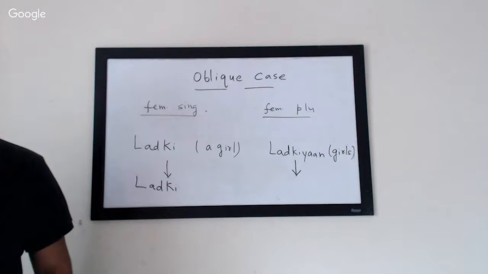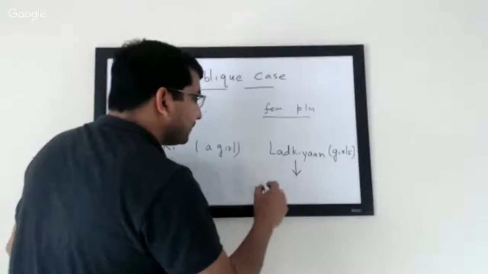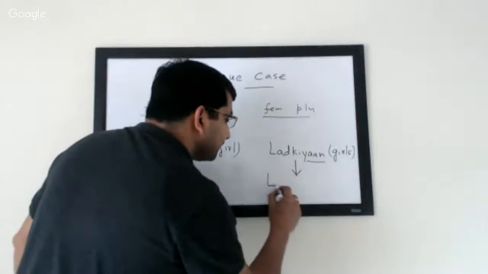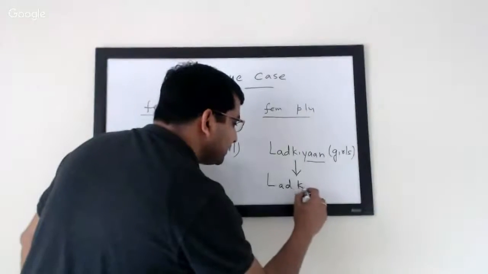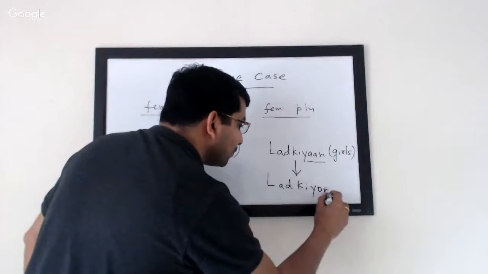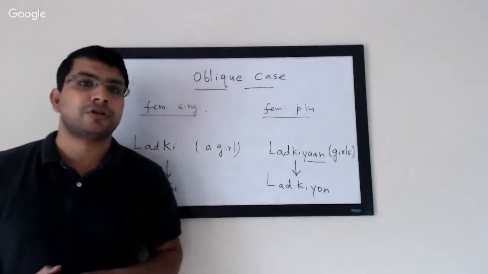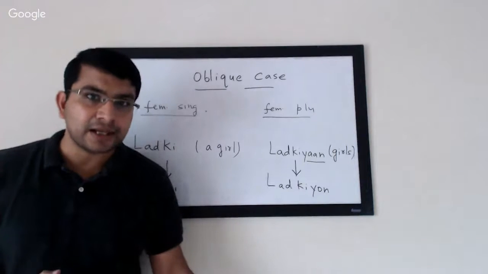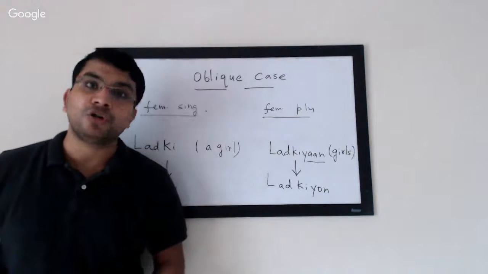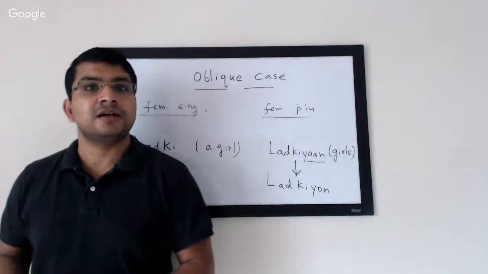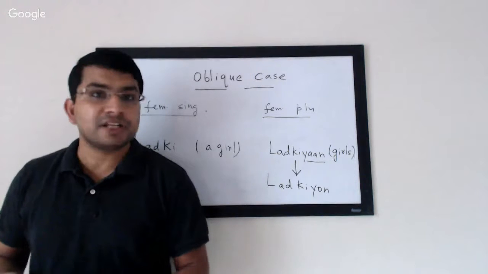Okay, so in the case of feminine plural, it will be लड़कियों. So try practicing this: लड़कियों के लिए, लड़कियों से, all the postpositions that you are familiar with, ka, ke, ki, ne, pe, se, all these postpositions.